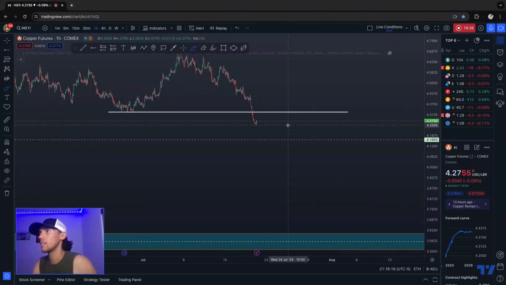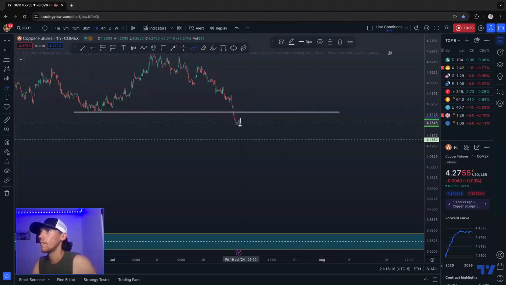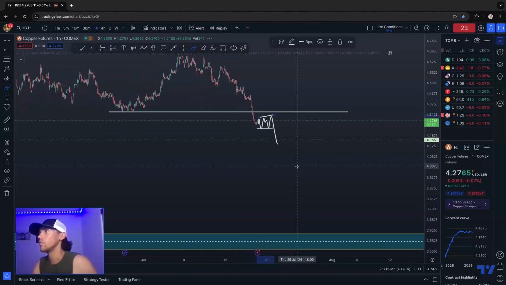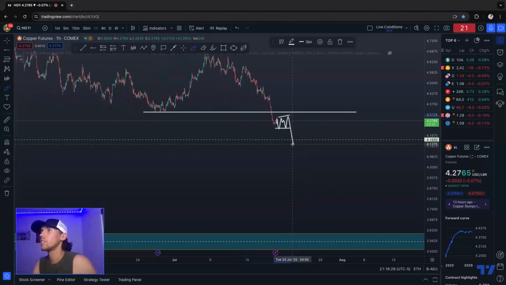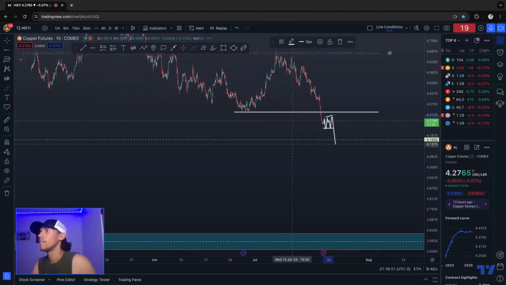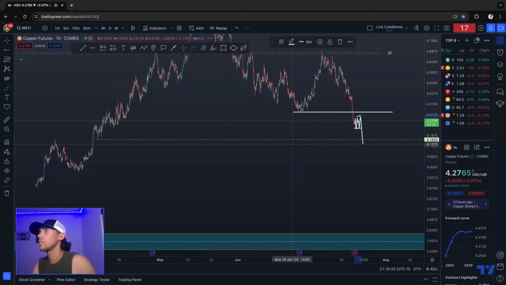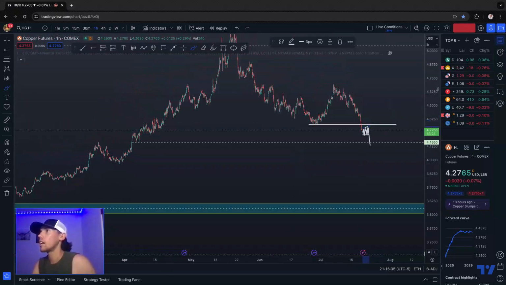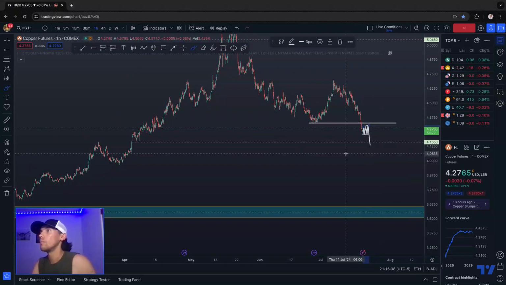I got 30 seconds left. Something like this, you'll get some type of flag into this area, and then it's going to sell down into this, just under $4. So definitely not the time for if you're going to take copper to the market.